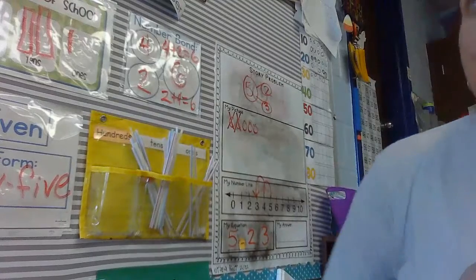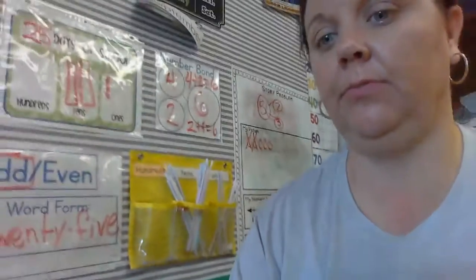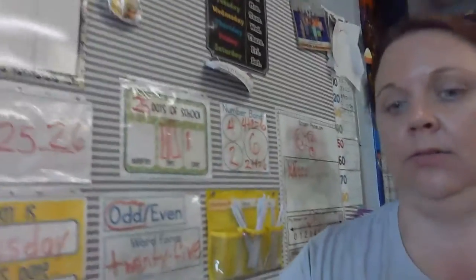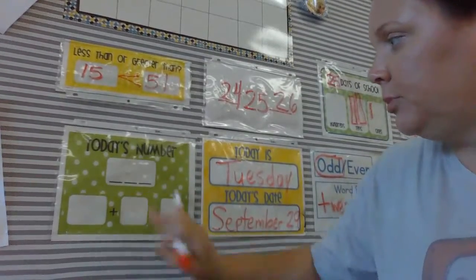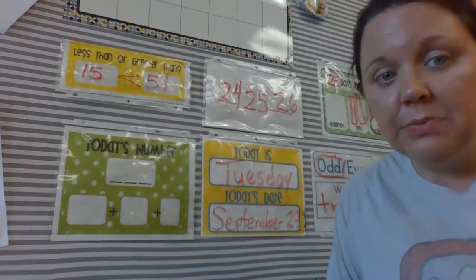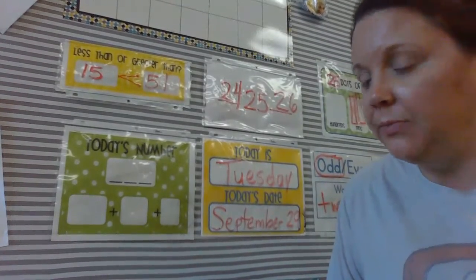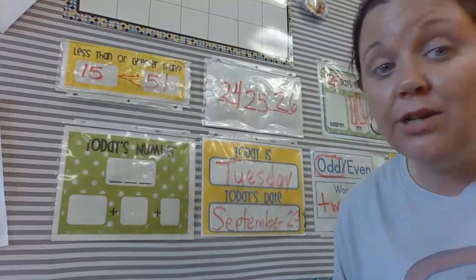Okay. Oh, no, I forgot something. All right. I almost didn't say this one over here. Today's number. Ooh, how did I miss that? Today's number was 25. So you add the tens place and the ones place together. So if you remember, the tens place had a 2 for 20. But the value is not 2.